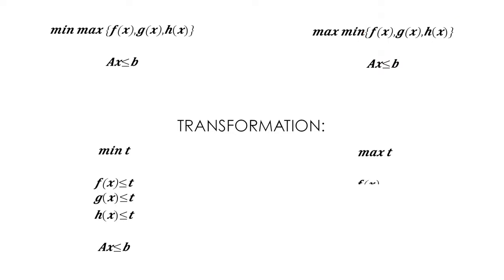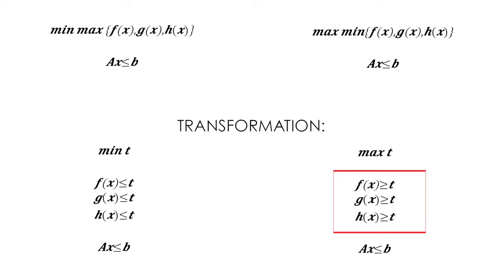Therefore, f of x, g of x, h of x will all be greater than or equal to t. With these three new constraints and the new variable t, we are able to get that t is the minimum value among those three equations, and we maximize that value. And of course, your normal constraint Ax is less than or equal to b.